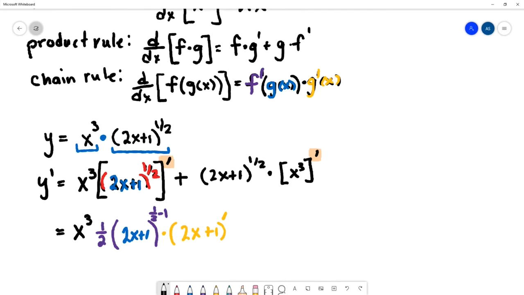So that's the derivative. I still have that last part to calculate, but I'm going to continue on with the rest of this. Plus 2x plus 1 to the 1/2, and I need to calculate the derivative of x cubed. The derivative of x cubed, we'll use the power rule to calculate that, and that would be 3x squared.